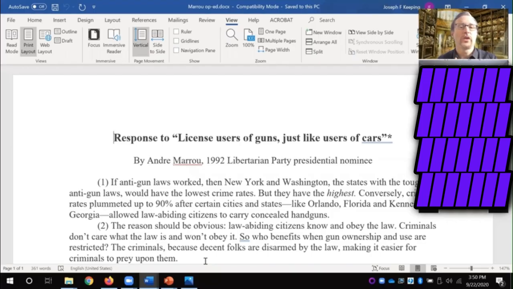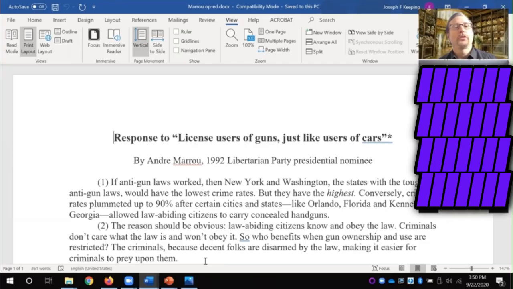With respect to the assignment, when you do the assignment, I want you to write down not just the title and who wrote it and whatever. I want you to write down what those things tell you. So for this one, I would like you to write down something like, well, Andre Marrou is a Libertarian Party presidential nominee, which means he's a libertarian, which means he comes from this end of the political spectrum, so he's going to have a right-wing bias.